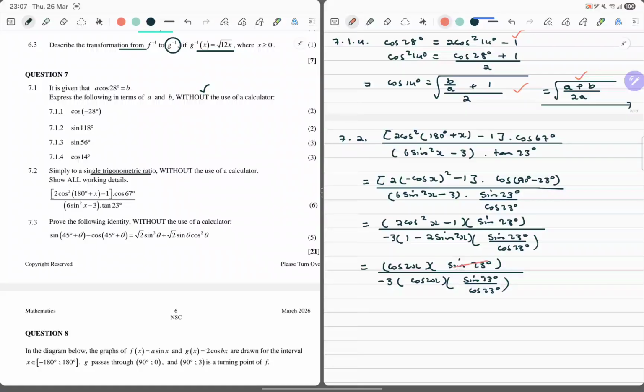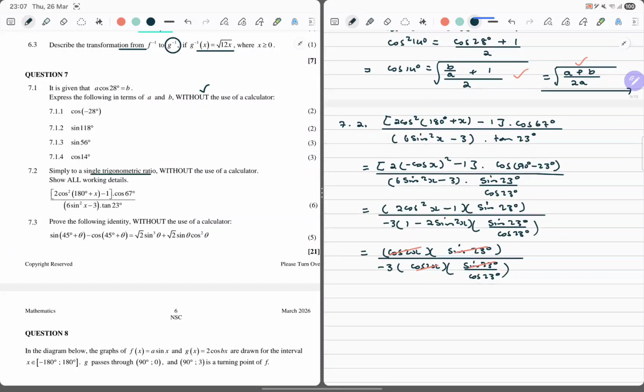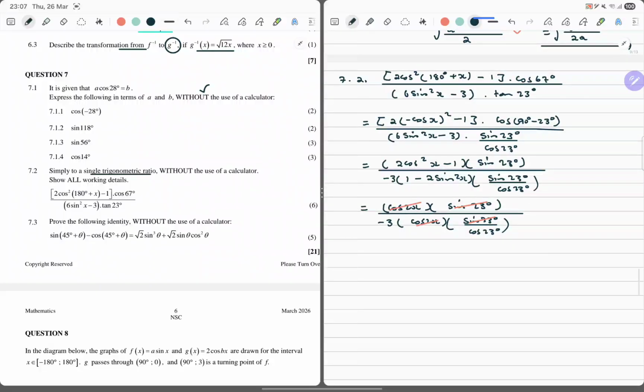We know that this one is going to take that, and this one takes that. And what do we have? This one is going to flip into the numerator, so this is going to be minus a third of cos 23 degrees. Okay, so that's it.